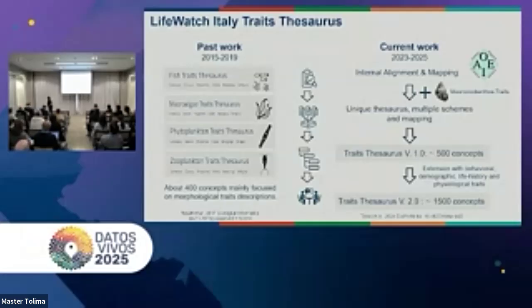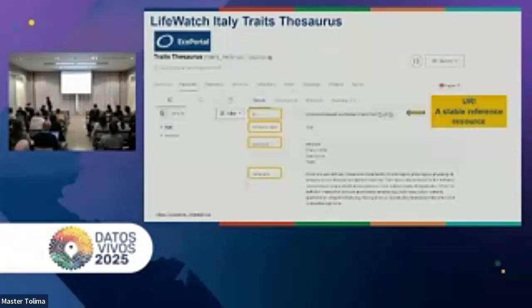In 2025, we published version 2.0 with about 1,500 concepts. So, in the thesaurus, each concept has a unique identifier, has a preferred label, has synonyms, and also a curated definition.